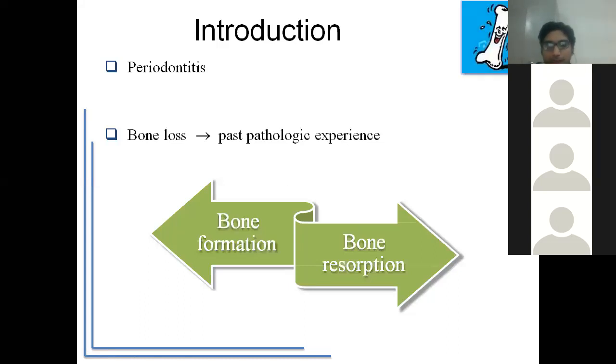There will be apical migration of junctional epithelium along with loss of clinical attachment. It depends upon the past pathologic experience. The most important factor which determines the gingival inflammation or the periodontitis is plaque, right?